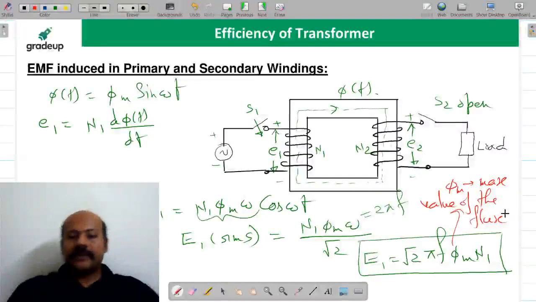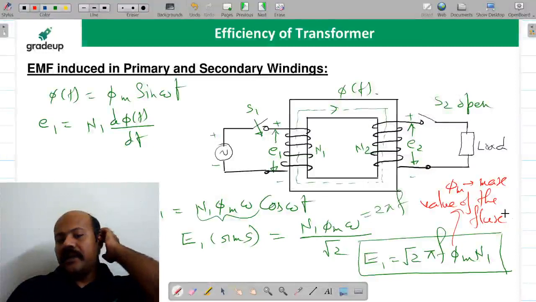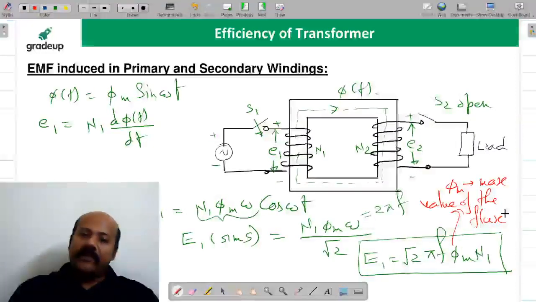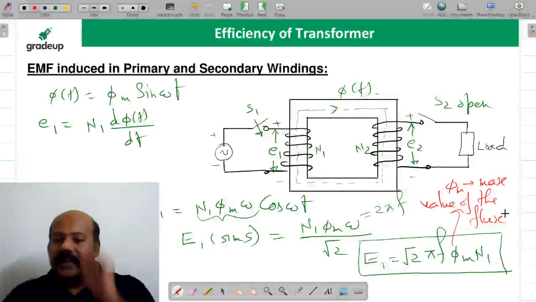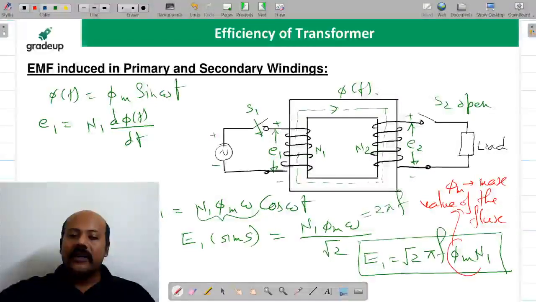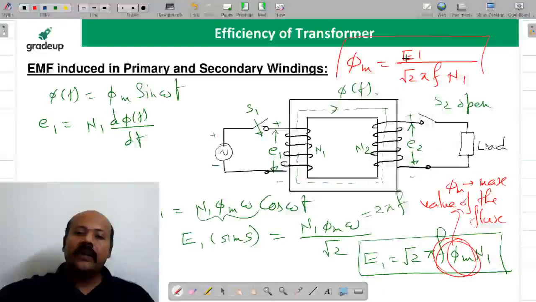Are you getting this? Now some students were asking me, sir, why is flux constant when the load is connected? Now your answer lies here. Can you tell me what this flux phi m is? It is going to be E1 divided by root 2 pi f N1. This is a simple equation.